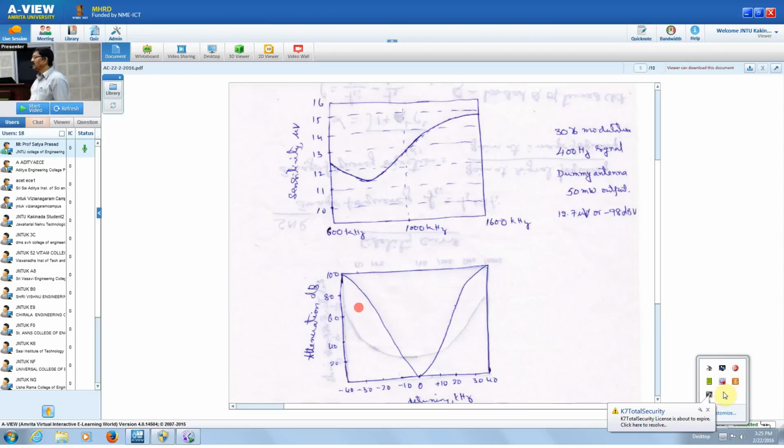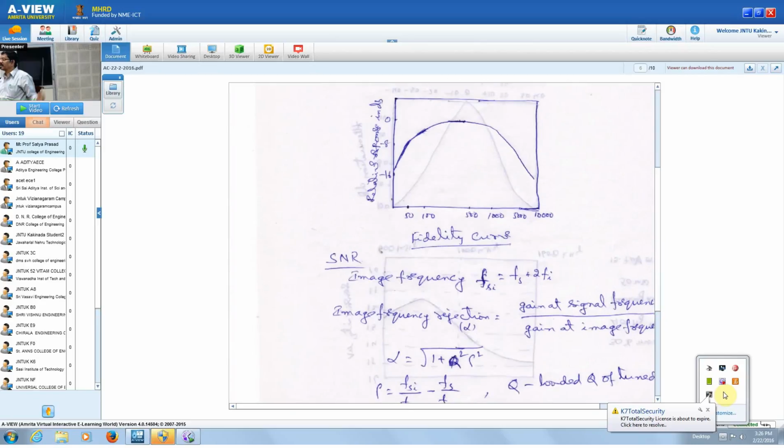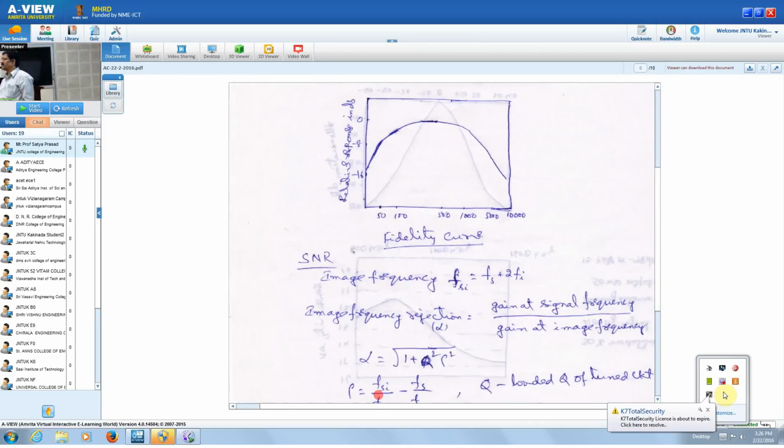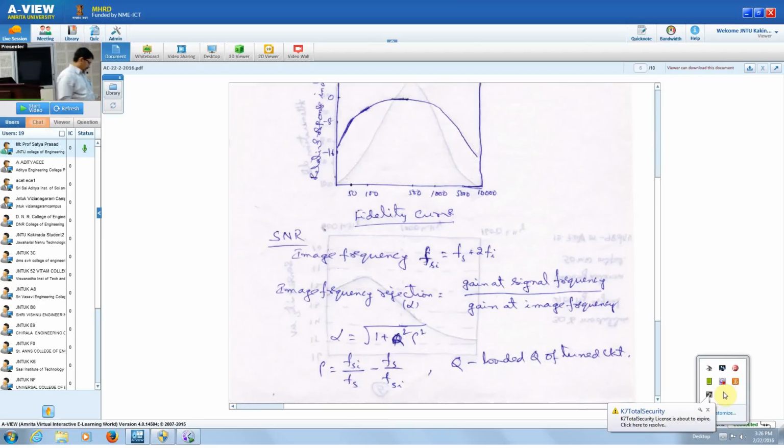So at plus or minus 20 kilohertz, typical. Plus. Minus. Now the noise ratio.